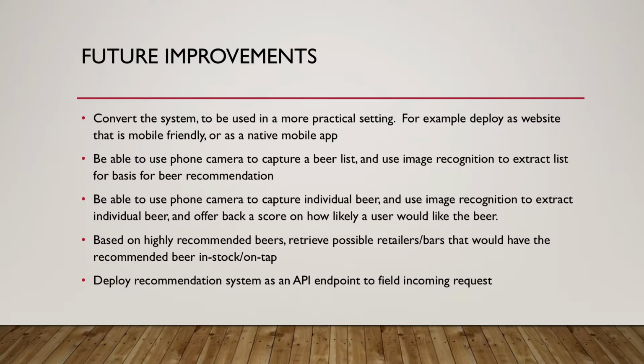I think getting more into the text review feedback would give more insight into the flavor profile of the user, rather than basing it just on their individual ratings and overall sentiment, which more or less just tells you whether the beer was bad, neutral, or good. So anyway, that's the end of my presentation.